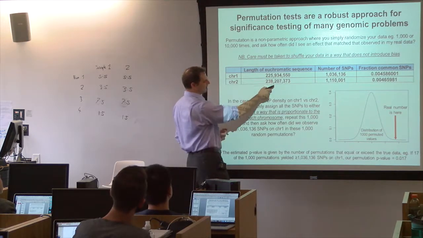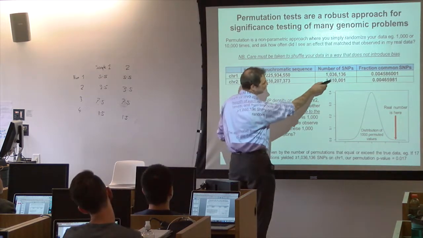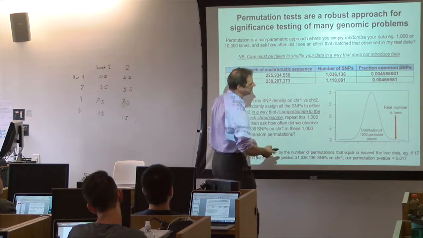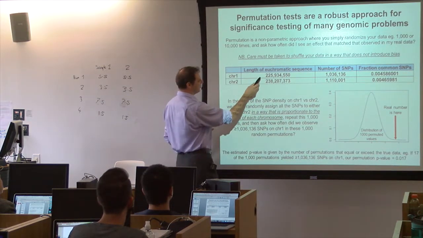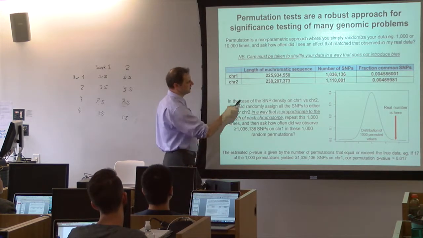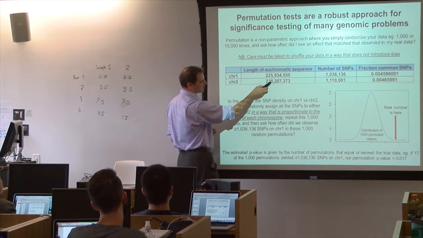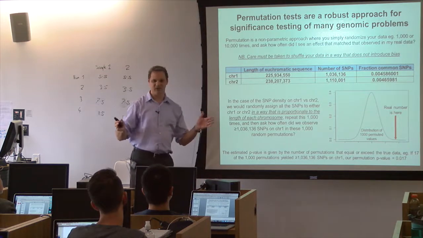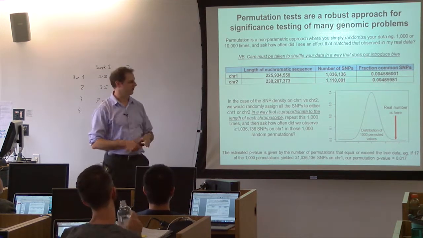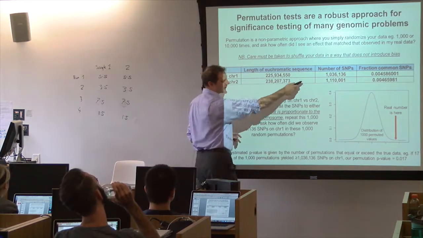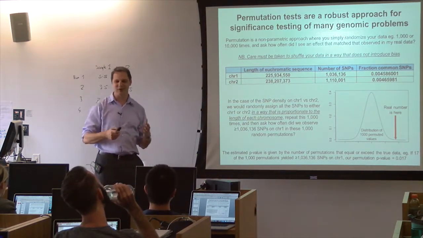So when I take my 2,147,000 SNPs, I would assign them to either chromosome 1 or chromosome 2 based on the fraction of sequence that each chromosome represents in the total of 1 plus 2 added together. Does that make sense? Because if I just assign them 50-50, I'm going to end up with exactly the same bias I started with, or I'll create a new bias.